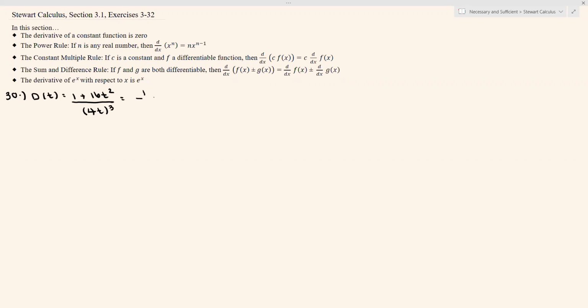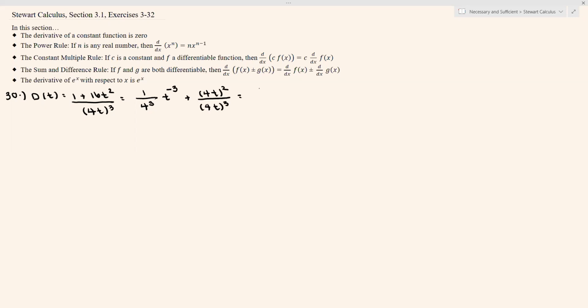So let's write this as 1 over 4 cubed. And I'm dividing also by t cubed, which I'm going to bring outside and write as t to the -3 plus 16t squared, which is the same thing as 4t quantity squared. And I'm dividing it by 4t quantity cubed.